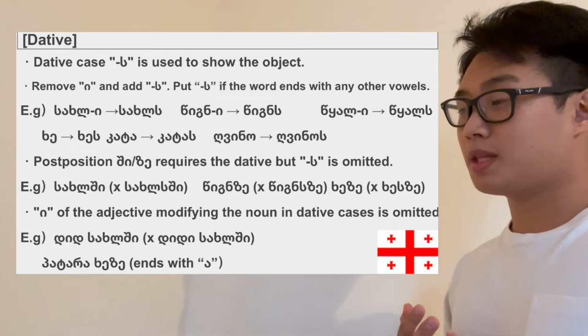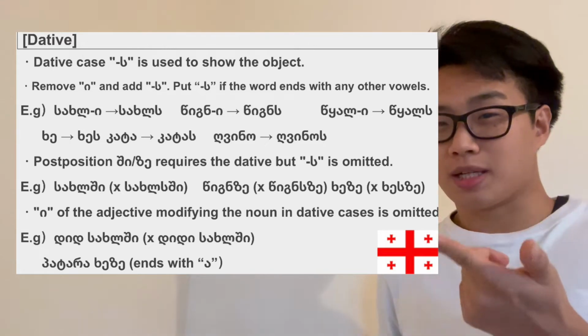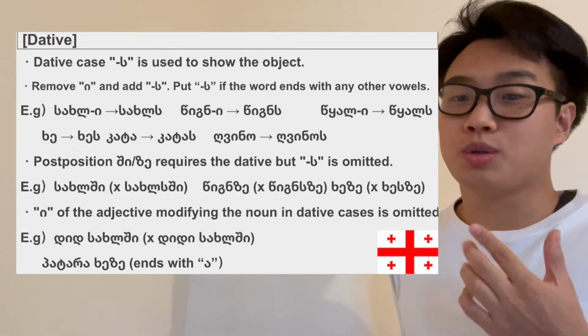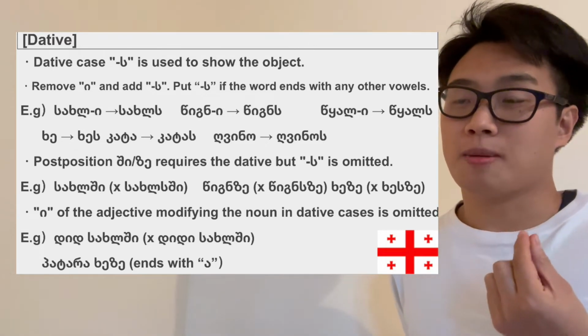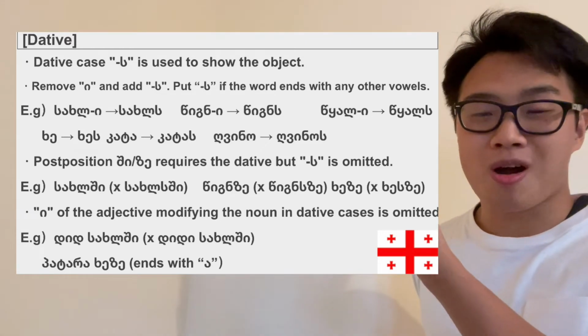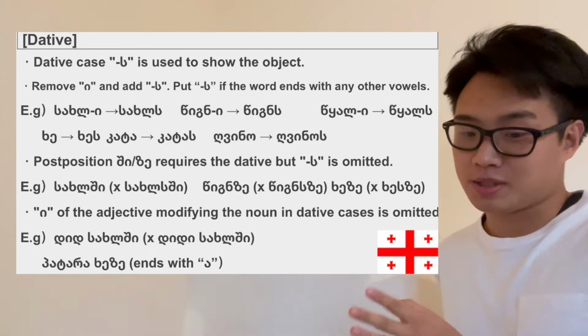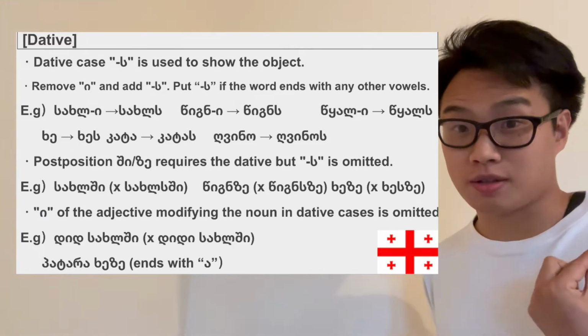But these postpositions here, shi and ze, are kind of exceptions because they do require dative cases, but in this case, the dative marker s actually drops out. So what does it mean? For example, sahlshi, we've learned this before, right?